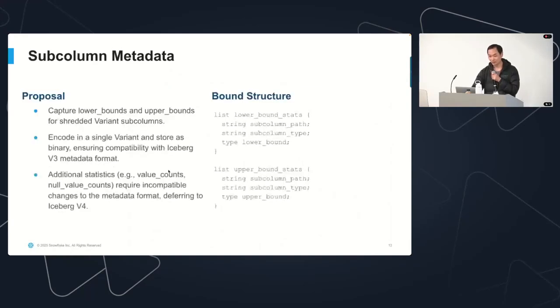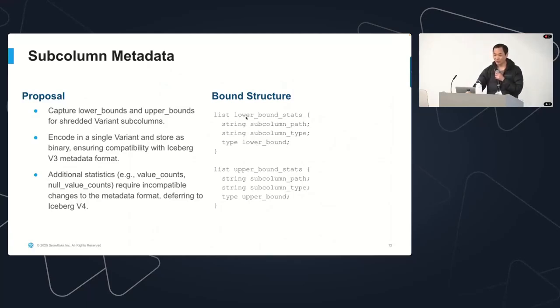Because of that, what we are trying to propose in V3 for subcolumn metadata is to collect lower bounds and upper bounds for subcolumns, and then encode them into a single variant. Something like this: for event type, it's all strings, so we have a string type and then the path, and we have a lower bound in here.